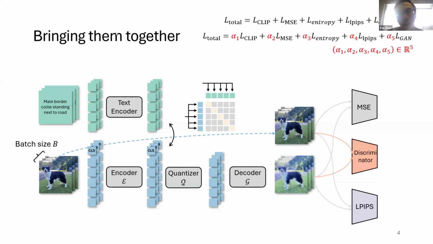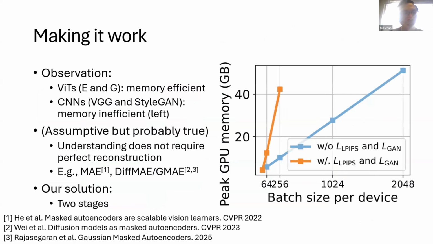To train this, we end up with a gigantic summation of all the loss terms, which is pretty annoying. So is there a way to smartly optimize these objectives while achieving good results on both reconstruction and understanding?